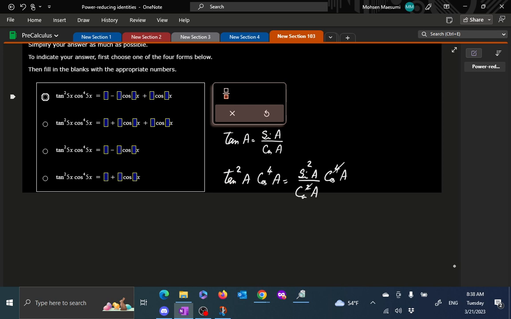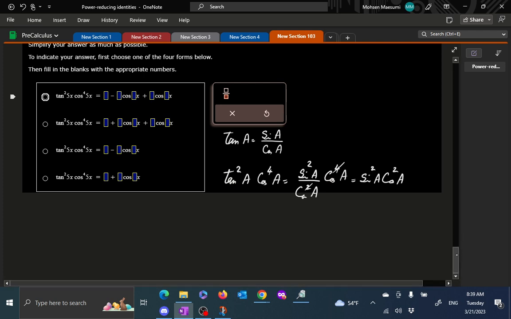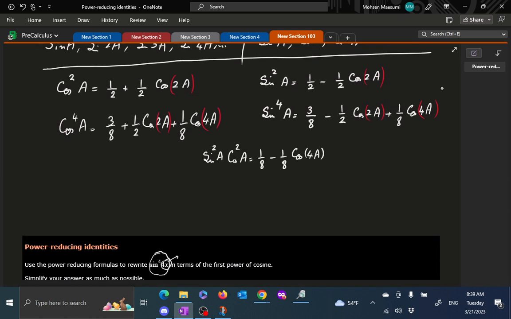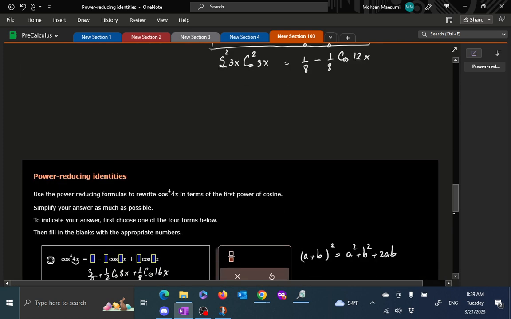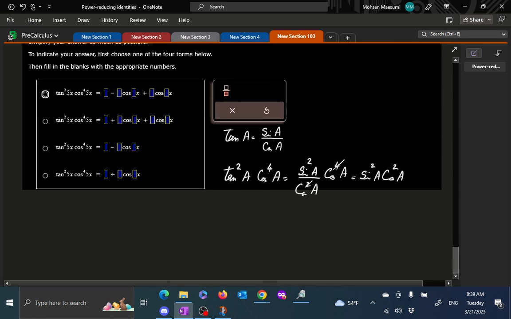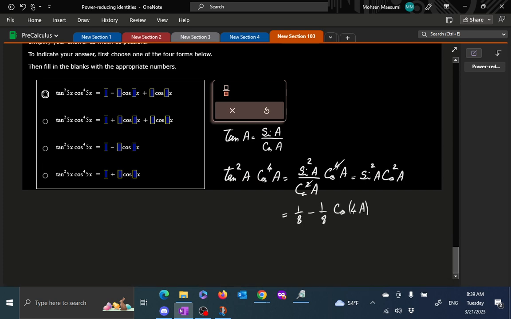Now, out of 4, you take 2 out, so this becomes sine square of a cosine square of a, which is a problem we just did a few minutes ago, and we already have a ready-made approach to this: 1/8 minus 1/8 cosine of 4a. So we can just use that quickly. So what was it? 1/8 minus 1/8 of cosine of 4a. Is that right?